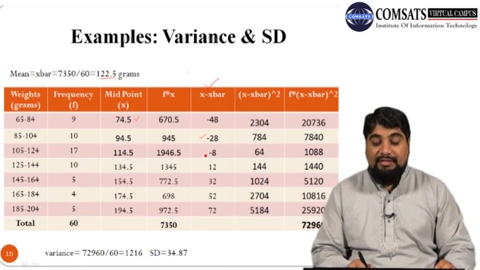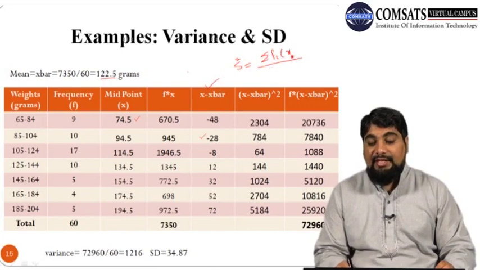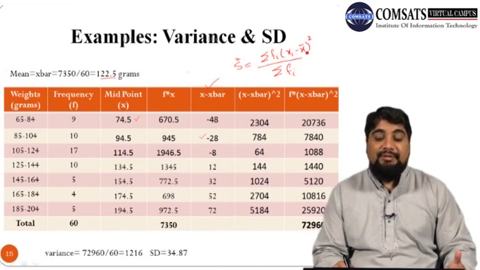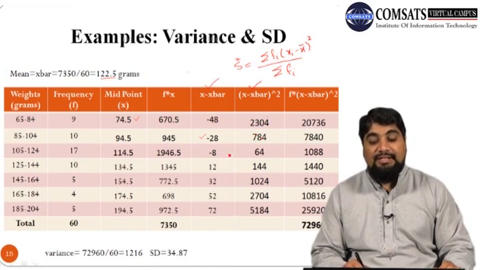So in the formula of variance, note that this is summation fi into xi minus x bar whole square divided by summation fi. So we need to take the square of the deviations. So construct a new column, x minus x bar with square on it. So minus 48 square, we get 2304, minus 28 square we get 784, minus 8 square we get 64, and so on.